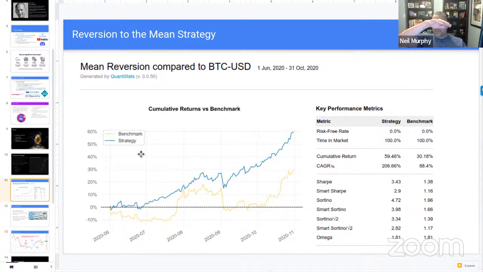The reversion to the mean suggests that over time, those will tend to revert back to the average. And the same thing when you go down quite low, if you have a big drop, there's a certain amount of logic that suggests that that low price will come back up again quite sharply. So this strategy is designed to take advantage of that.